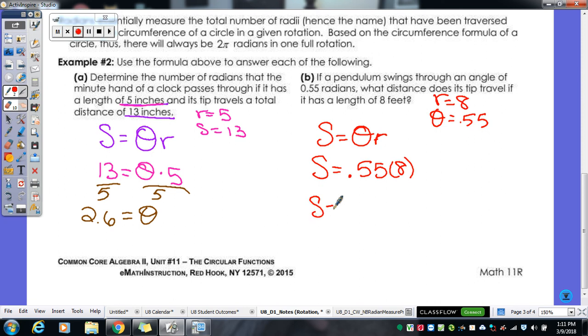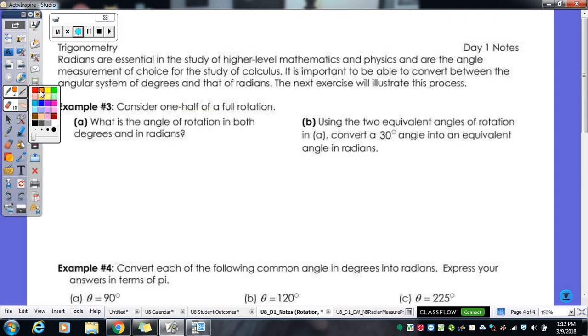And then all you got to do is a little multiply. 0.55 times 8. 4.4. So the arc that's cut off by that angle that's opened up would be 4.4.